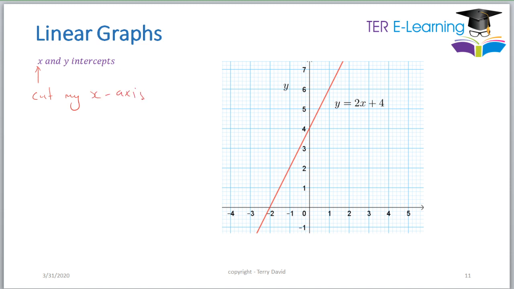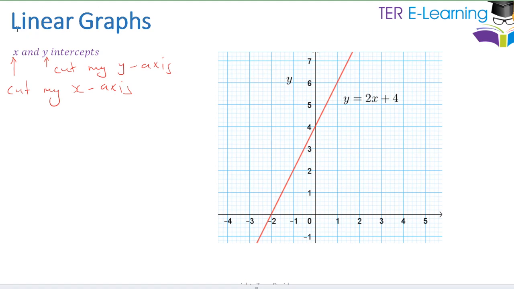That's what that means. My Y-intercept is where do I cut my Y-axis. Right? So those are 2 terms that you need to know, my X-intercept and my Y-intercept.